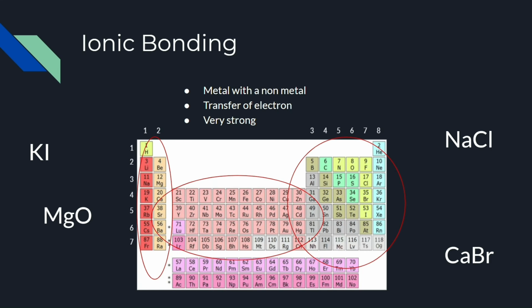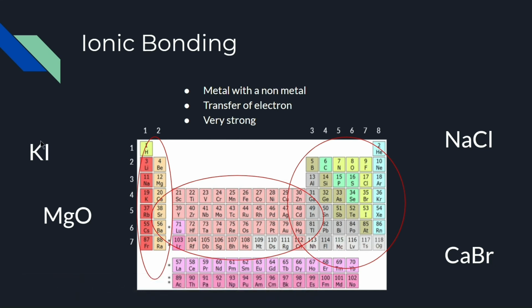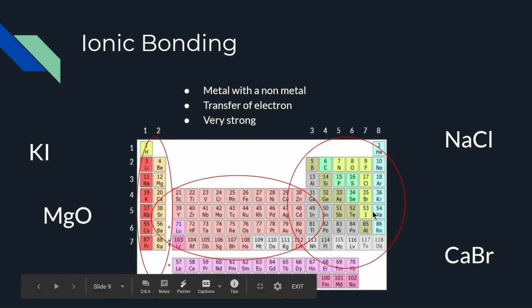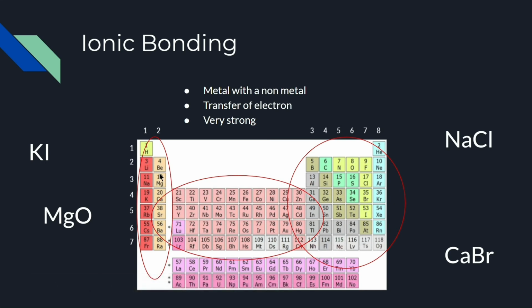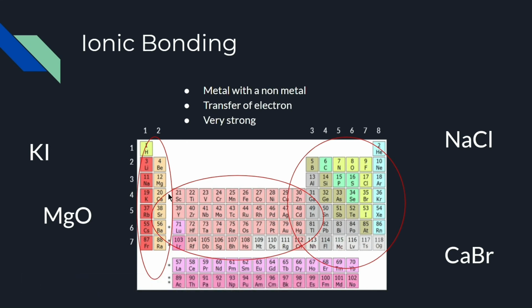So sodium, it's around here, sodium with chlorine, which is a non-metal, so that works. Or potassium iodide, so we have potassium right here, and iodine right here. Or magnesium oxide, we have magnesium right here, and oxygen right here. Same thing with calcium bromide, we have calcium right here and bromine here, so it works.